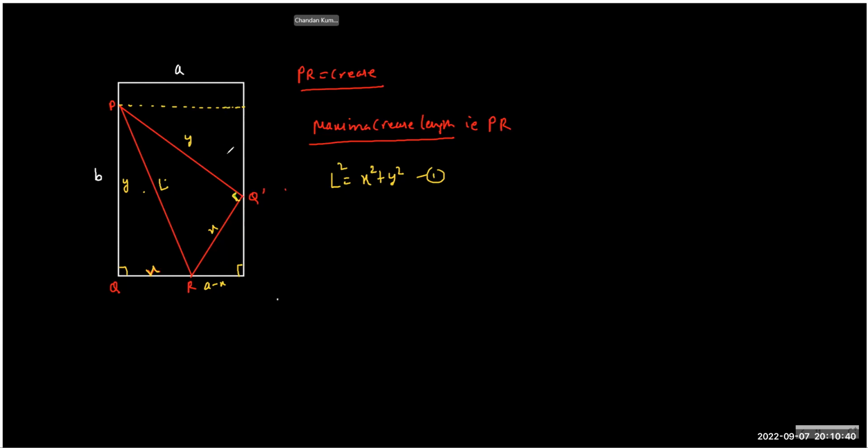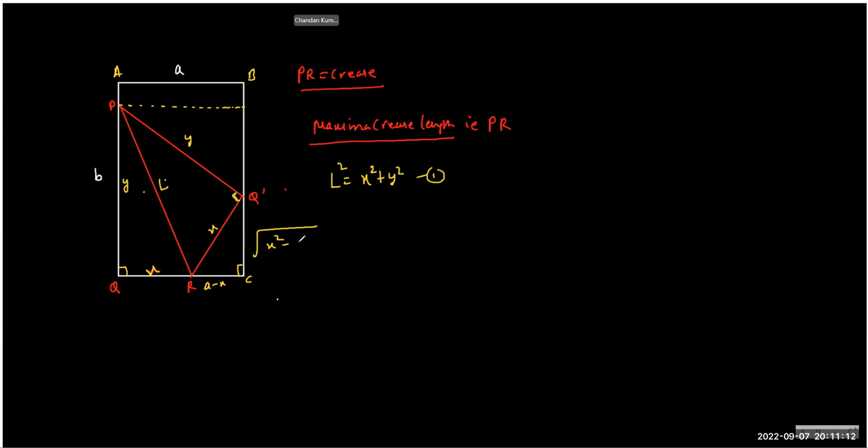So we can get this answer. Let's say this is Q dash to C. We can find this answer is a minus x whole square plus x square under root. Sorry, this length is how much?